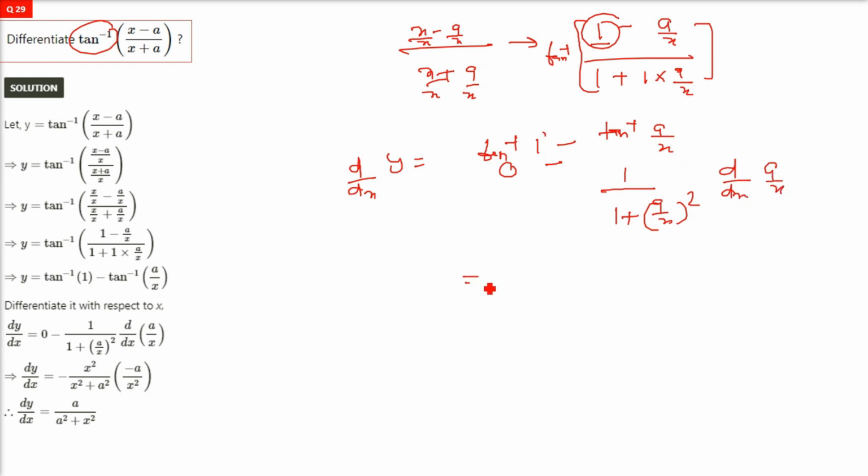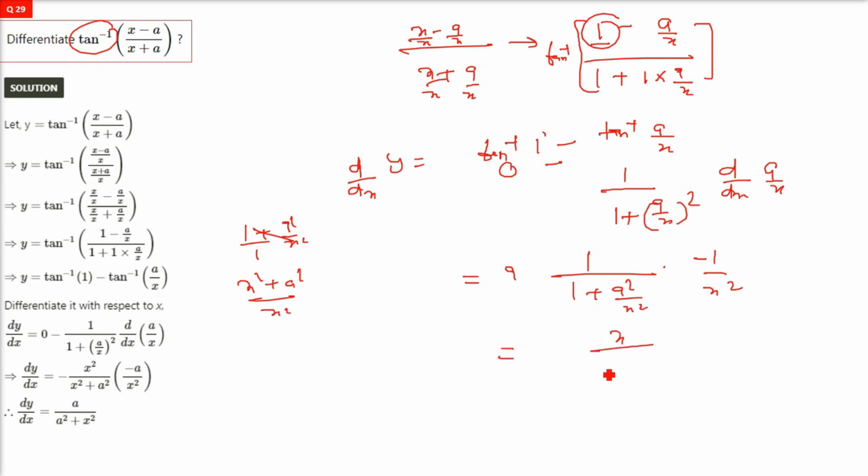So this is going to be 1 by 1 plus a by x whole square, which is (x square plus a square) by x square, so x square goes up. Differentiation of a by x: a will be constant, so it can come out. Differentiation of 1 by x is minus 1 by x square. Okay, so finally, this denominator, 1 plus a square by x square, is (x square plus a square) by x square. This x square goes up, so the result will be a by (x square plus a square).